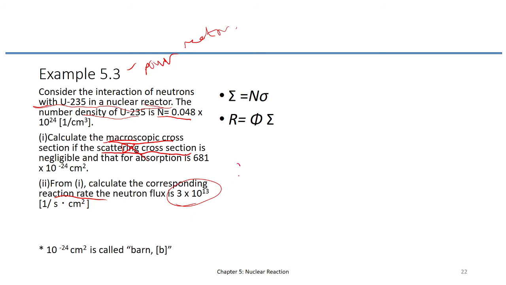So sigma equal to sigma s plus sigma a, and you can neglect the sigma s. You only consider the absorption cross section, because most of the time the absorption reaction will lead to fission. Which is why the question asks us to neglect the scattering. The absorption cross section given in this situation is 681 × 10^-24.